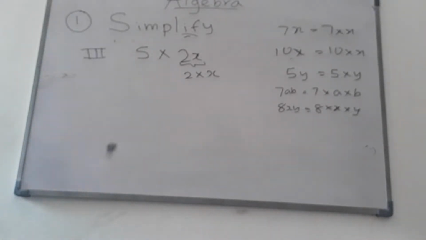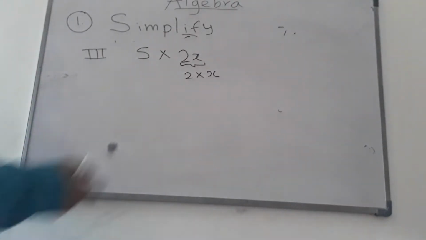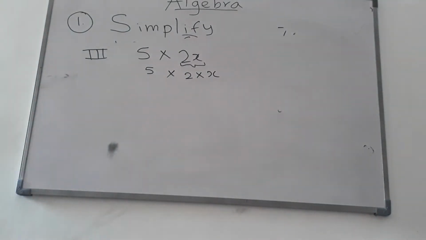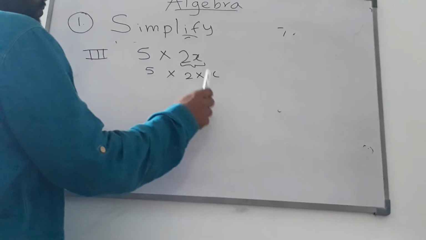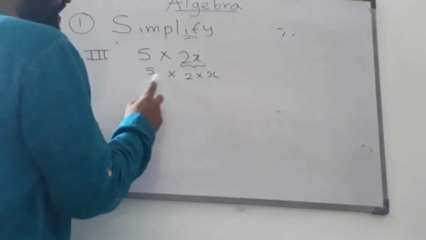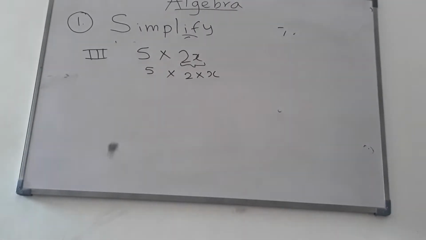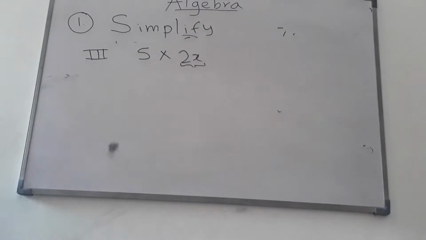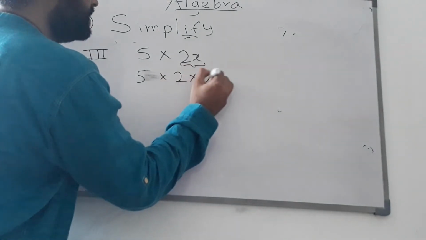So we can write 2x as 2 times x. And in front of 2x there is a 5 as well. 5 times 2x means 5 times 2 times x.